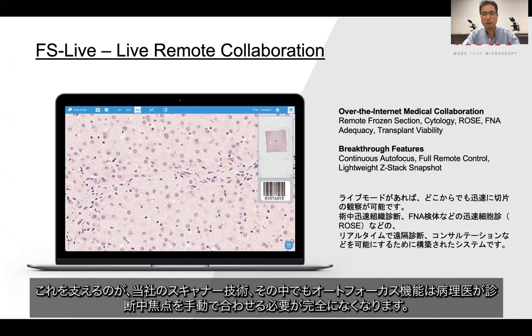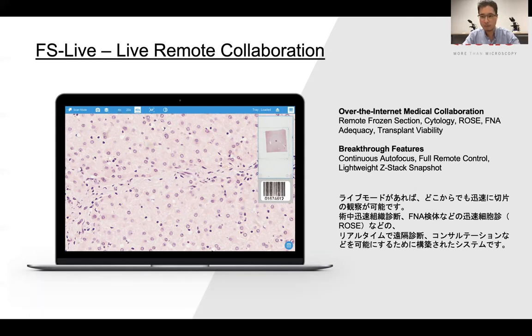And I really do have to say that this is where we built some fantastic functions like continuous autofocus, which completely eliminates the need for the pathologist to do anything on focusing in the entire process. So you don't have to refocus every 5 frames or so.